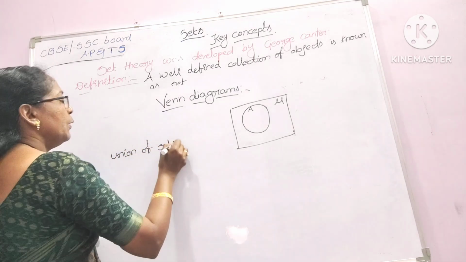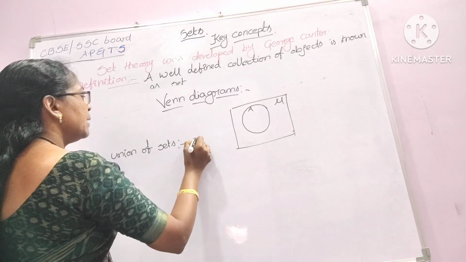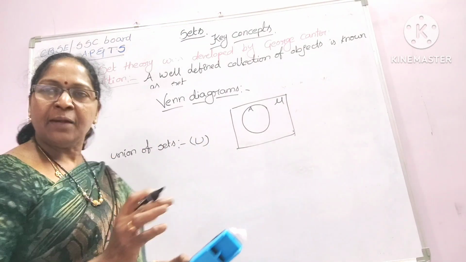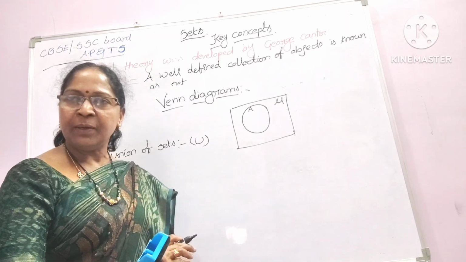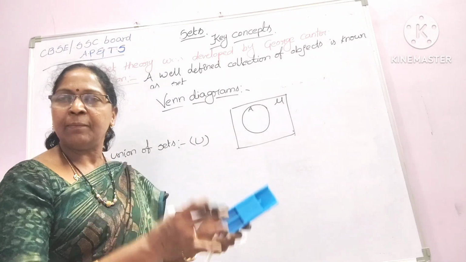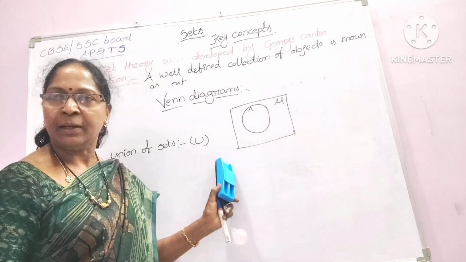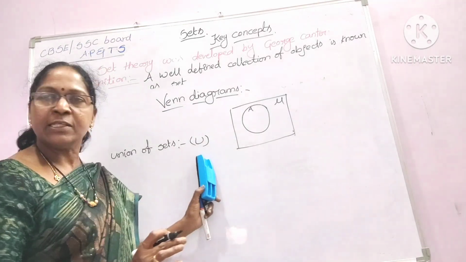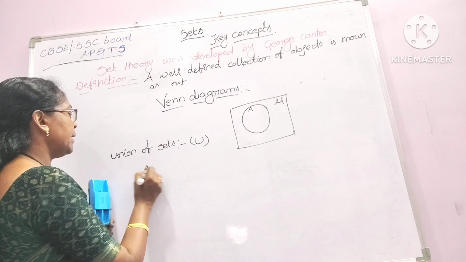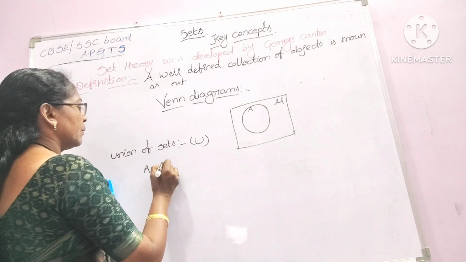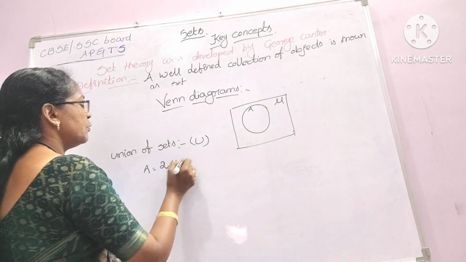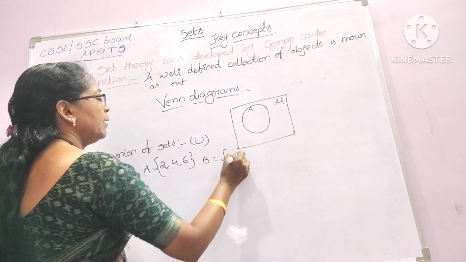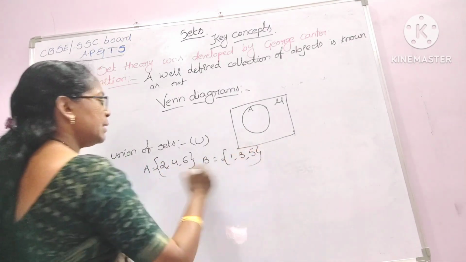Union of sets. Union is represented by the symbol U. Union of sets means, suppose A and B are different sets. A union B means the combination of all elements in the sets. Collection of all the elements in the sets, that we call union. Suppose here A equals {2, 4, 6} and B equals {1, 3, 5}. These are the elements.